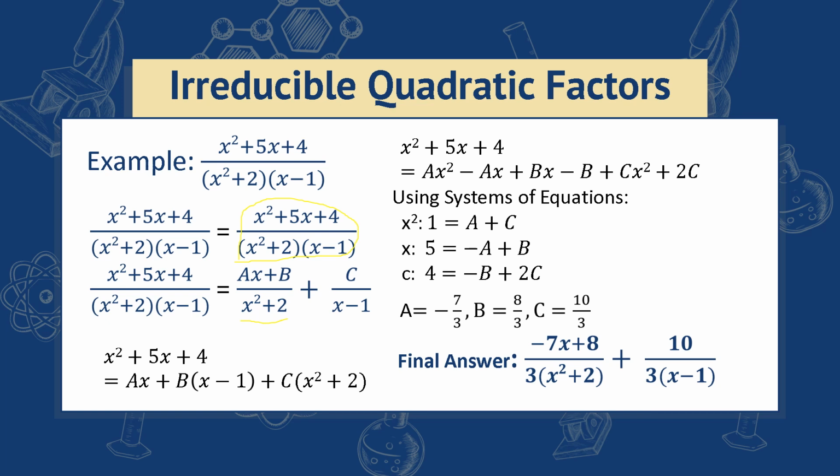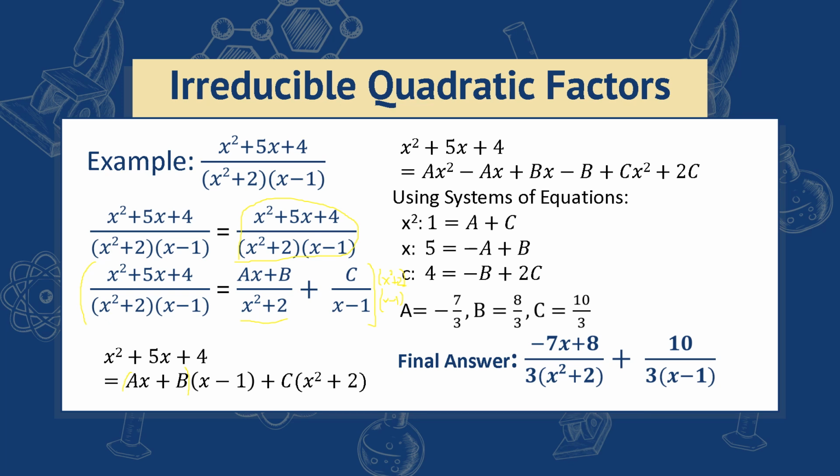So now we could multiply both sides by the lowest common denominator, which is x squared plus 2 times x minus 1. So the answer for that would be x squared plus 5x plus 4 is equal to ax plus b times x minus 1 plus c times x squared plus 2.